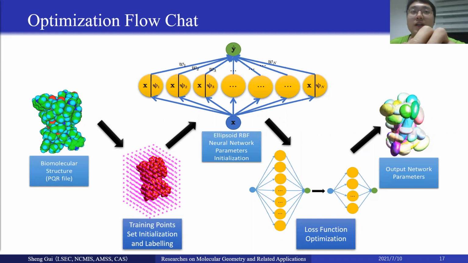The algorithm outline is as follows. First, we set the training points xm and the label corresponding value phi xm. Secondly, we initialize the ellipsoid RBF network. Third, we optimize the loss function using the ADAM algorithm to minimize the sparsity and the error terms.